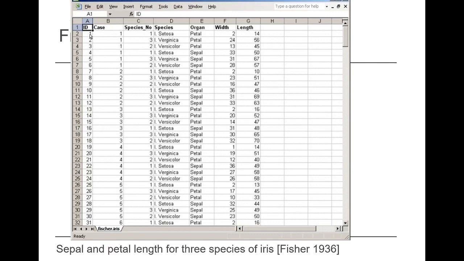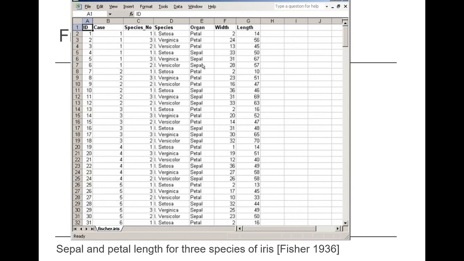This table has the ID, a case number, the species number, which is 1 through 3, so that's treated nominally, and the species name: 1 is Setosa, 2 is Versicolor, 3 is Virginica. What's being measured are the petal width and length and sepal width and length.